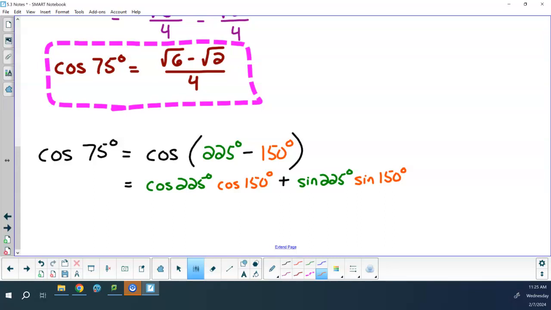Cosine at 225. Negative square root. Cosine at 150. Sine at 225.